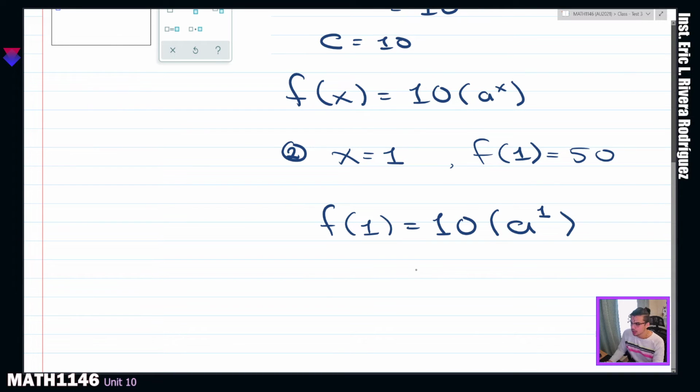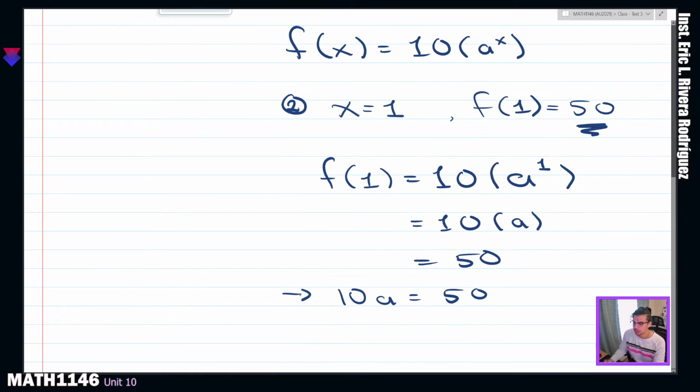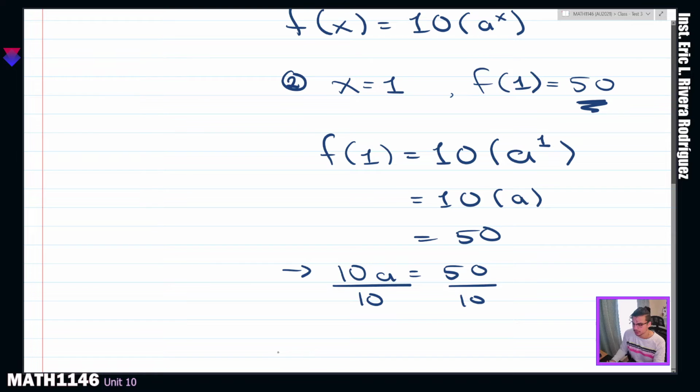But a raised to the power of 1 is just a. All right. So we have here 10 times a, and we know that is going to be equal to 50. So now we have an equation of 10 times a equals 50. We divide both sides by 10, and we get a equals 5.